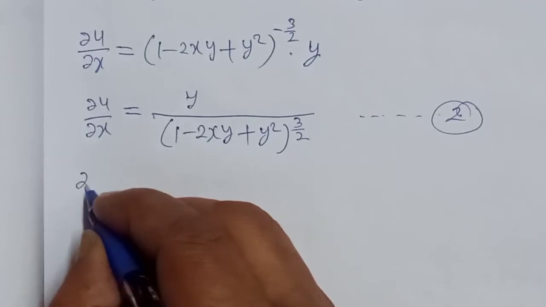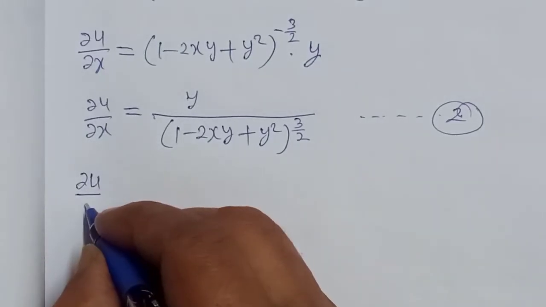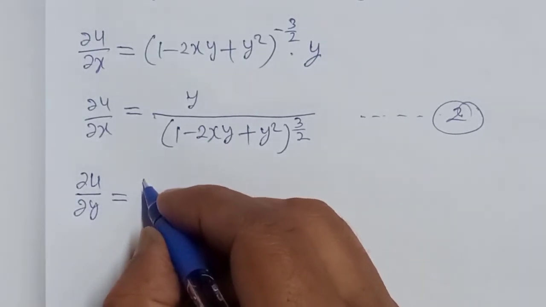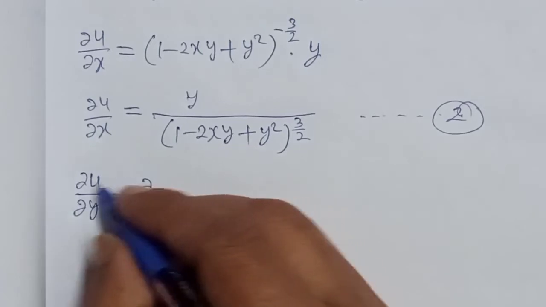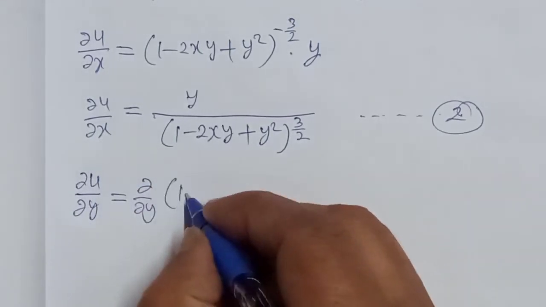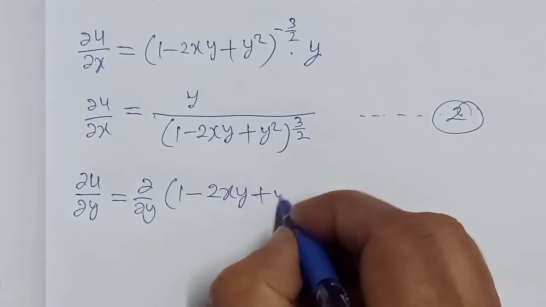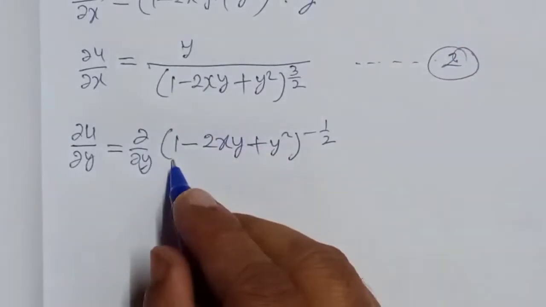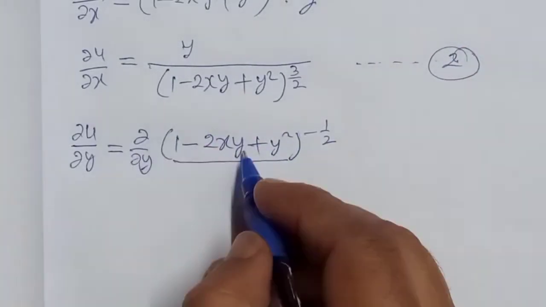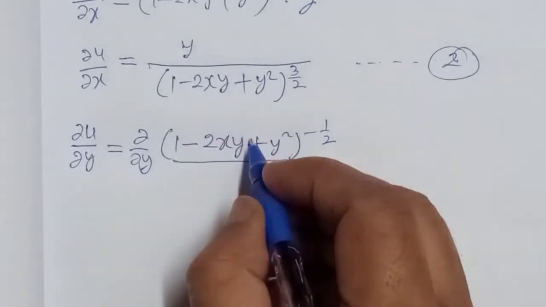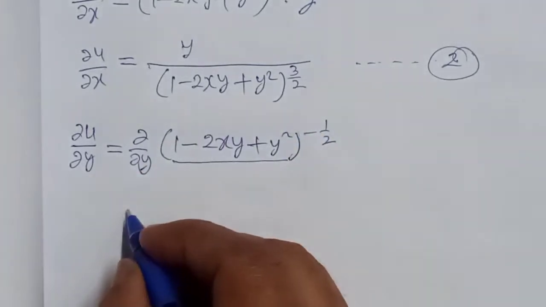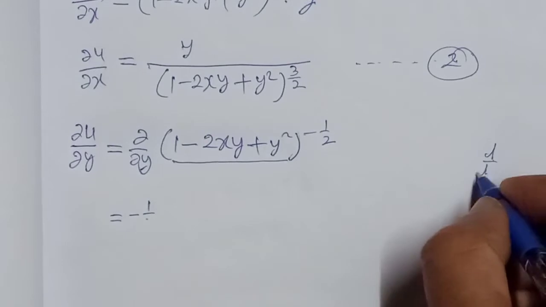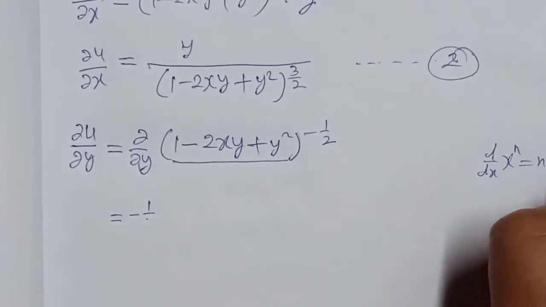And next we have to find del u over del y. So differentiate equation 1 with respect to y. We get del over del y of u, which is (1 minus 2xy plus y square) to the power minus 1 by 2. Consider this value written in the bracket as y, and apply the formula we know, x to the power n is equal to n x to the power n minus 1.